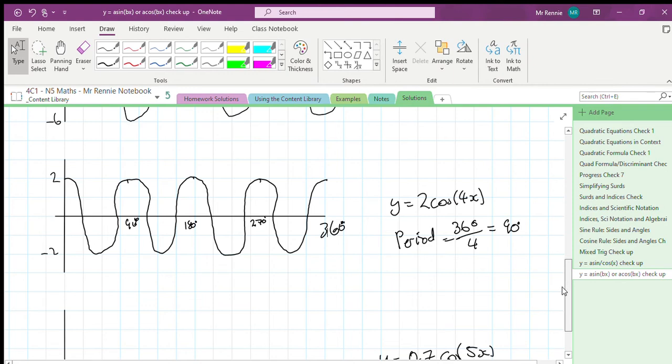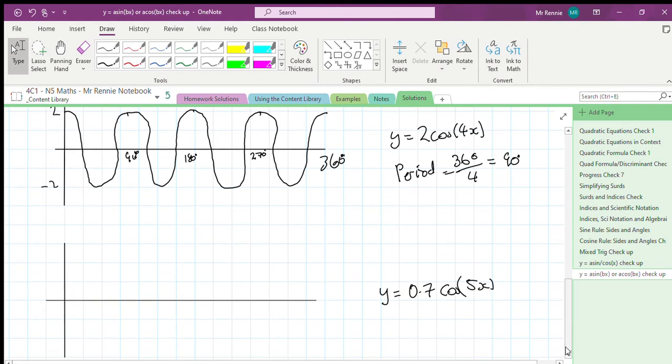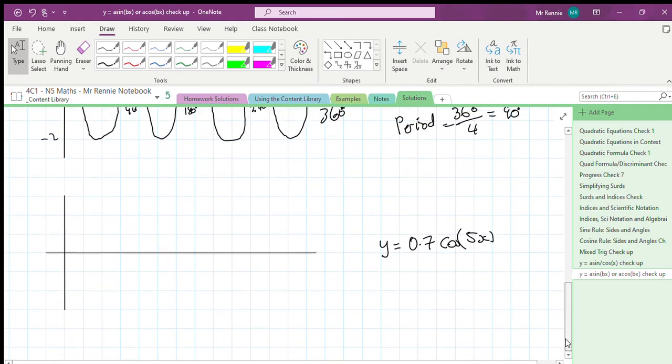And finally, the last graph, we have got to do 5 graphs. Okay, we've got cos 5x, which means we've got to do 5 graphs. Also know that my height was 0.7 and negative 0.7. So, in fact, let me just bring that up a bit there, negative 0.7 there. So, we are going to try and draw 5 graphs.